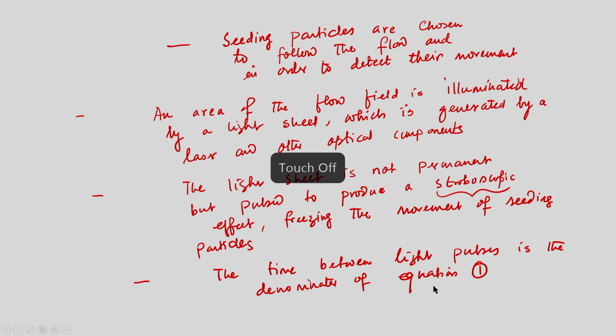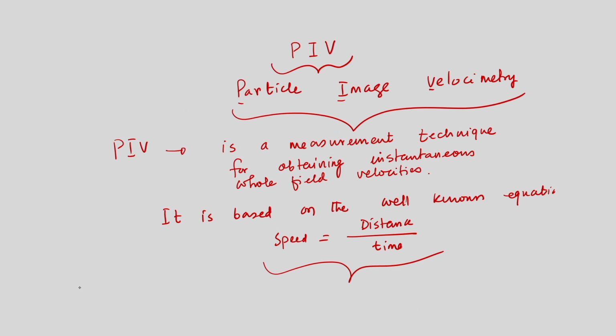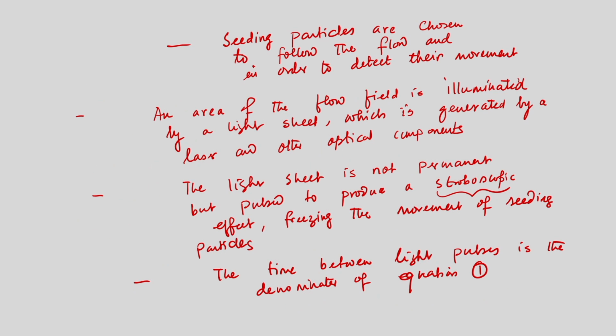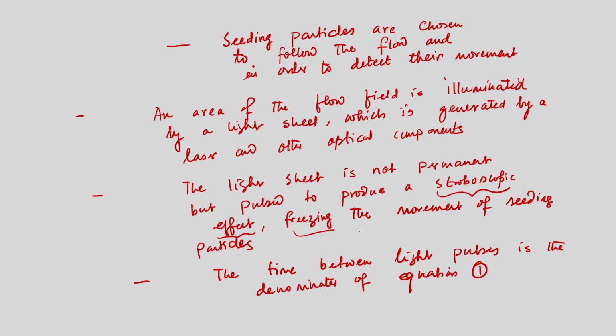So, if we now go back to the previous slide, in this equation 1, the time which is there in the denominator is nothing but the time between two light pulses. So, the stroboscopic effect, that is very important, and I have also written freezing the movement of the seeding particles. So, that is why the light pulse is not permanent, but it is pulsed.